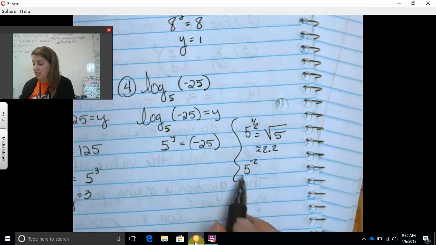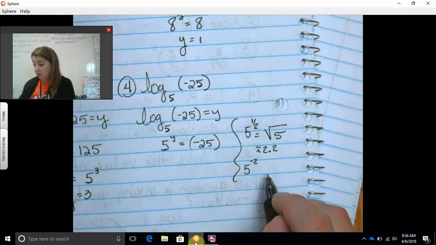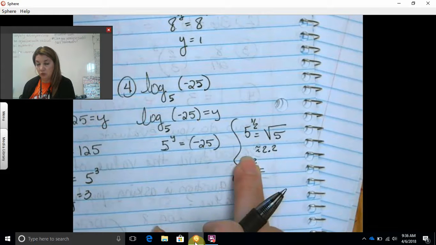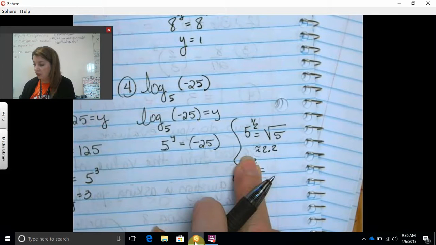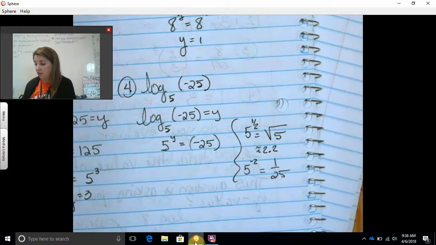A lot of kids think it's 5 raised to the negative 2. What is 5 raised to the negative 2? Is it 25? What's 5 squared? 25. What's 5 raised to the negative 2? 1 over 25. Is that going to work? No.